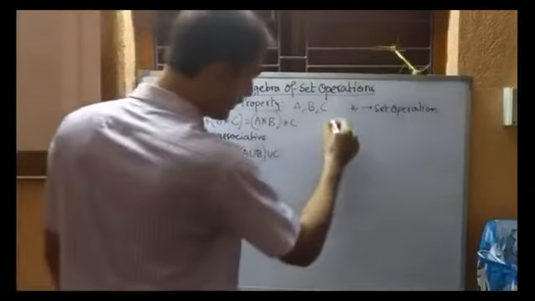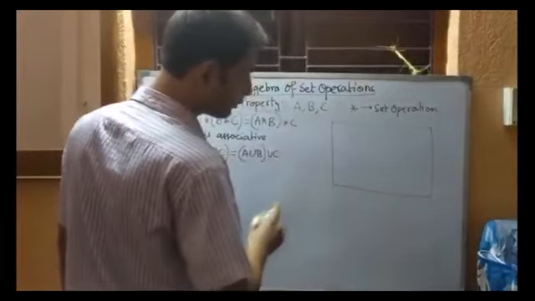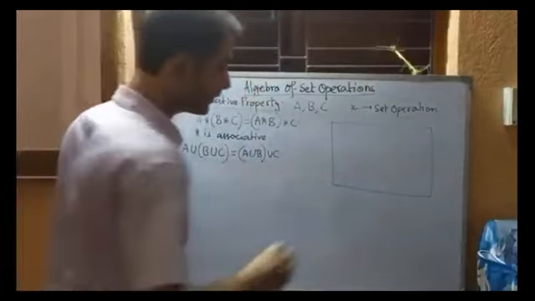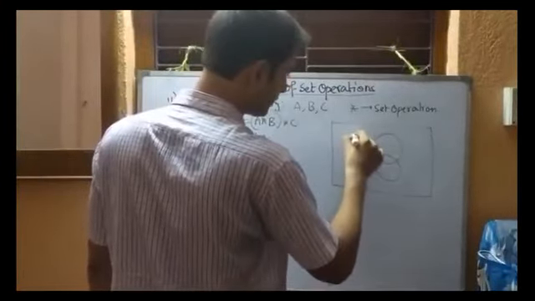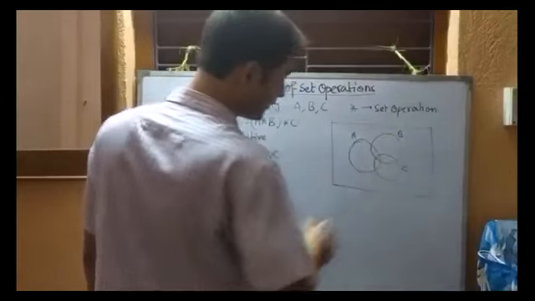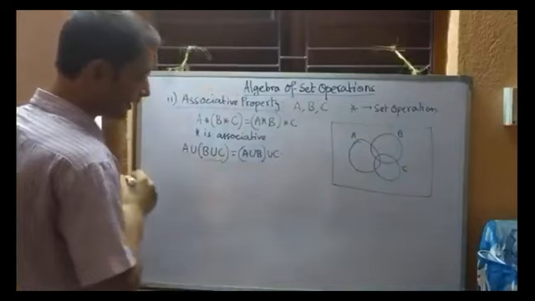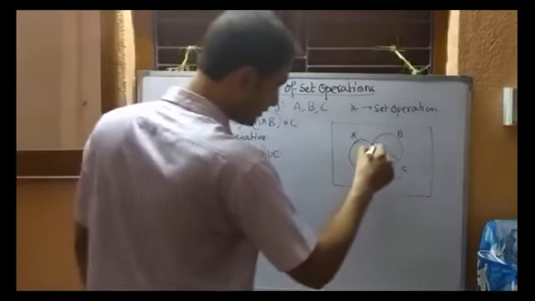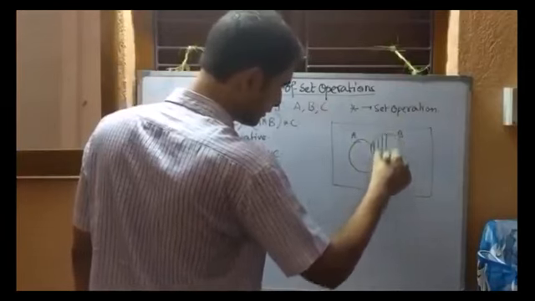So let us draw the Venn diagram. The easiest way to show that two sets are equal is the Venn diagram. So these are the sets A, B, C. First we draw the Venn diagram for B union C. That will be this region.